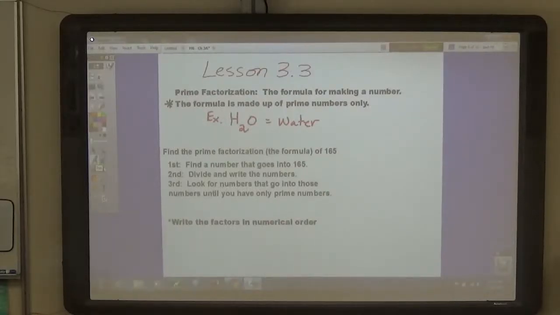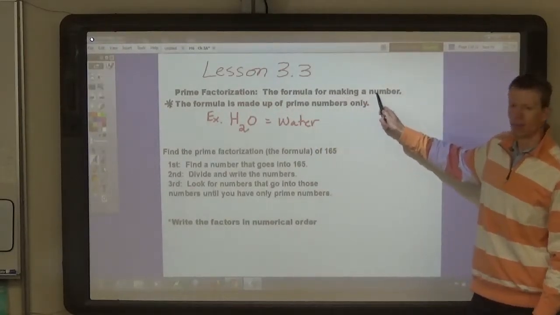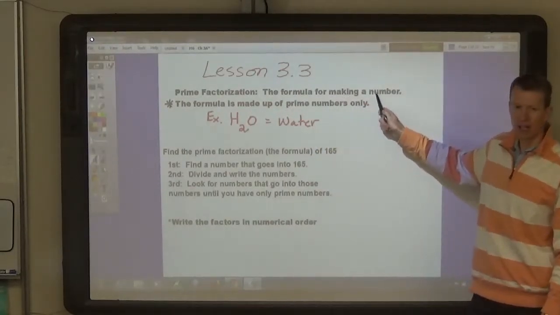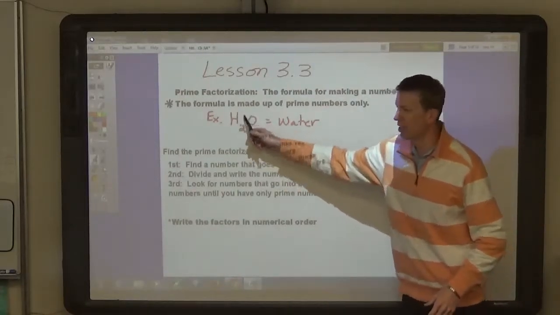Graders, we're going to go through lesson 3.3, which is about prime factorization, which is really writing the formula for a number, okay? Writing the formula similar to what we talked about with prime and composite. There are compounds, like water, that are made of elements, like hydrogen and oxygen.